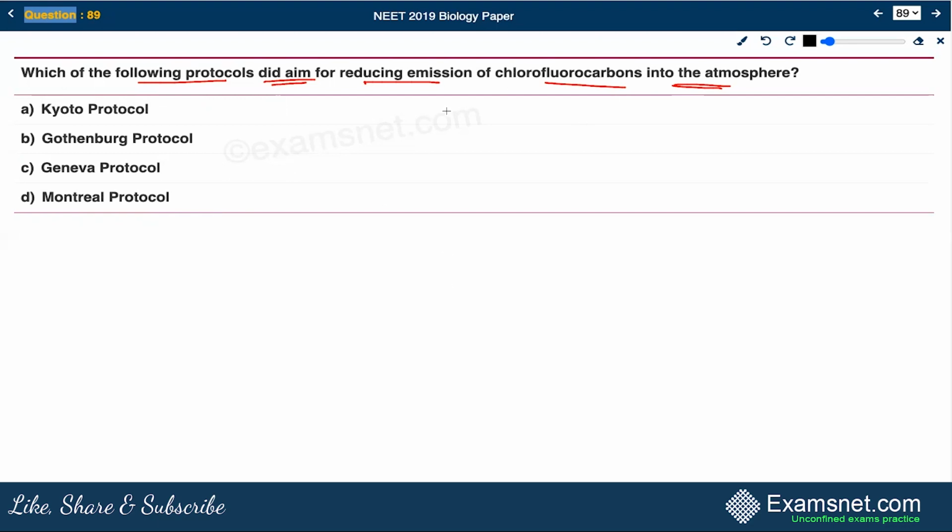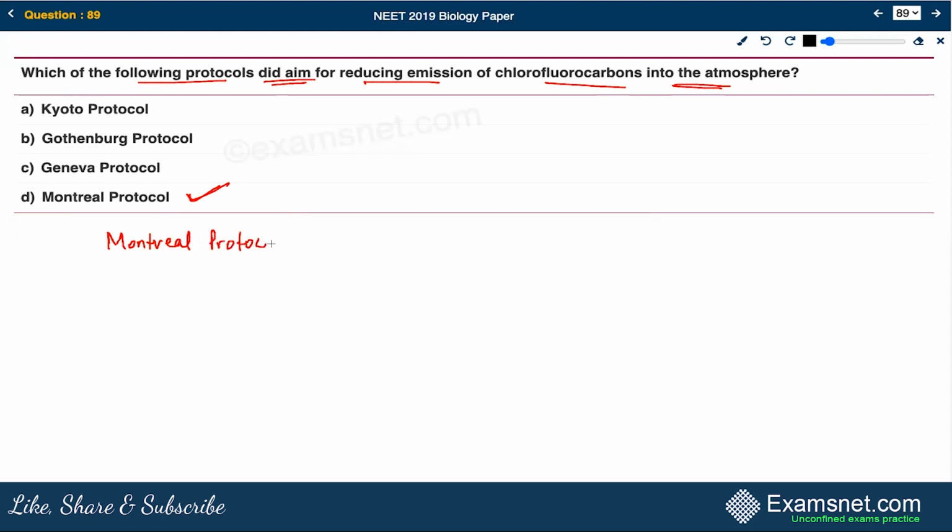But for controlling CFCs, the Montreal Protocol is the protocol that came into effect, aiming for the purpose of reducing the emission of CFCs, because these CFCs are highly responsible for ozone depletion in the stratospheric zone. And this protocol has been signed in Canada. All right. So it is the Montreal Protocol.